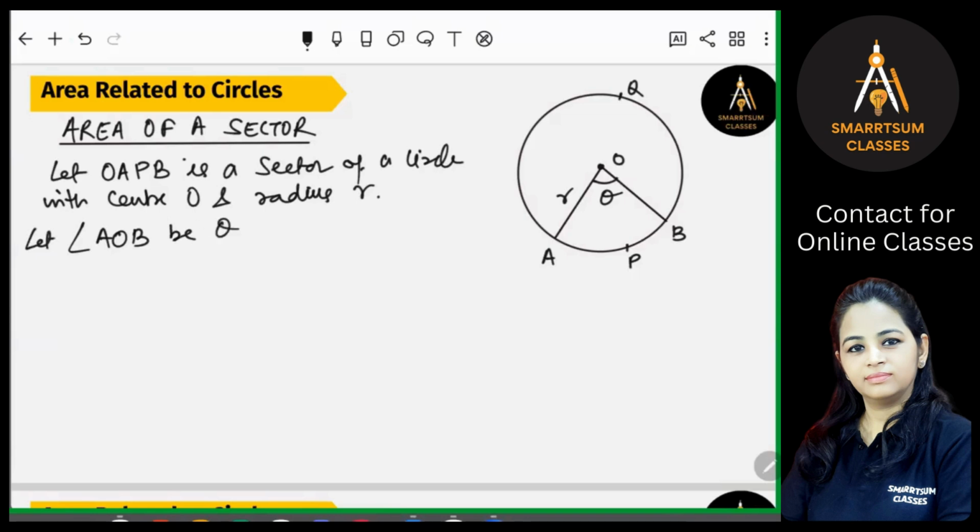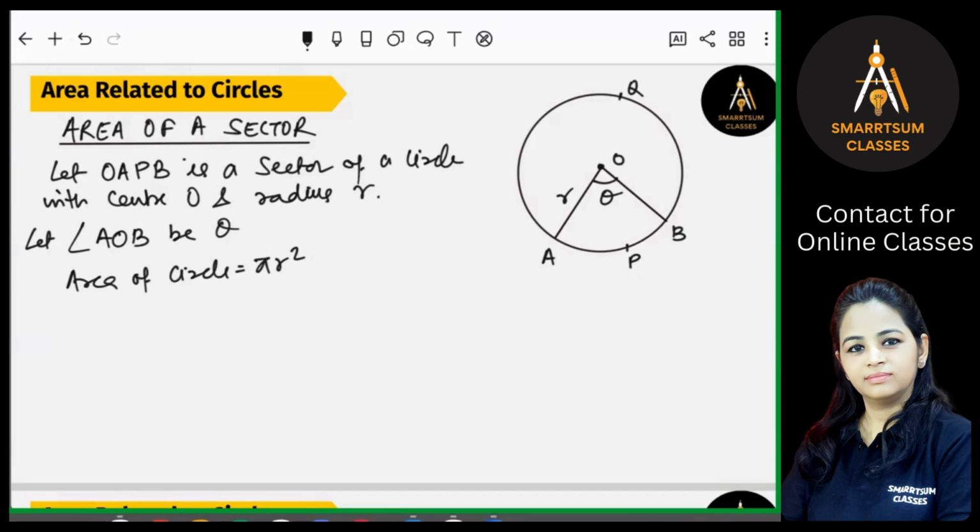Now, as we know, the area of a circle is pi r square, yes or no? Area of a circle is pi r square, of a circular region or the disk we can see here.